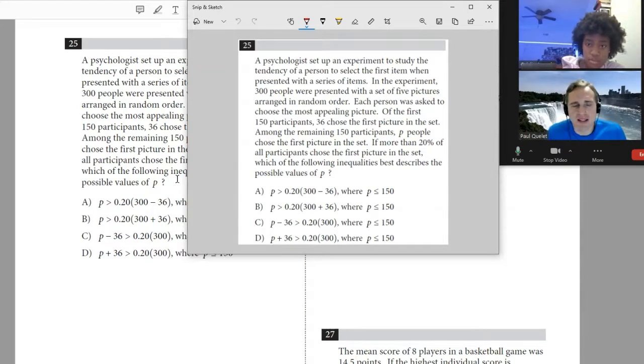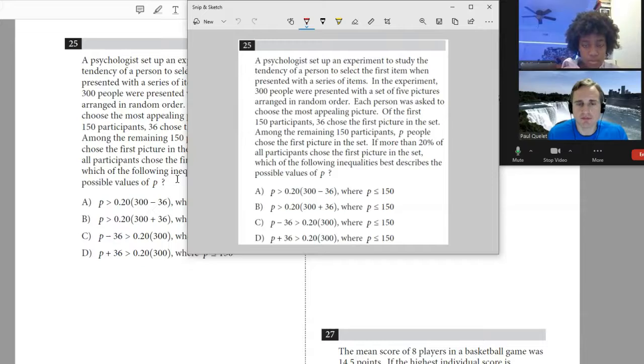But 25 gives 61, just above 60 people. So is it P minus 36 or P plus 36? That's right, because you add the two groups to get the total number of people above 20% of the whole group. Yep. Okay, so it could be choice D.